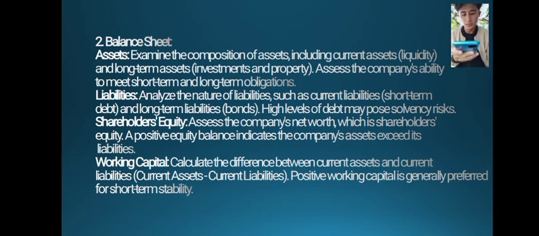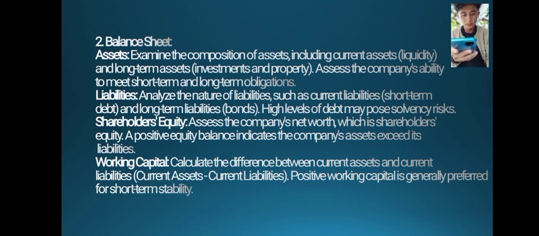Second is balance sheet. Balance sheet is a financial statement that contains details of a company's assets and liabilities at a specific point in time. So first is asset. Asset, examine the composition of assets, including current asset and long-term asset.